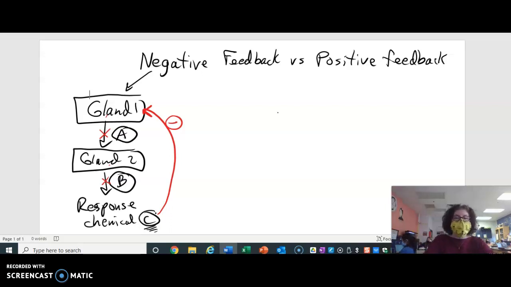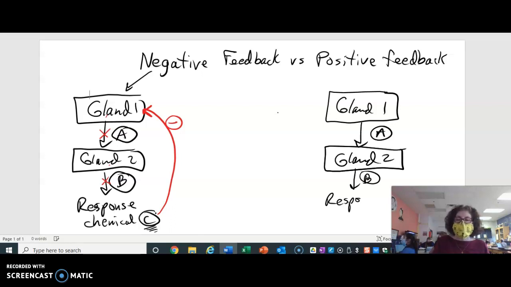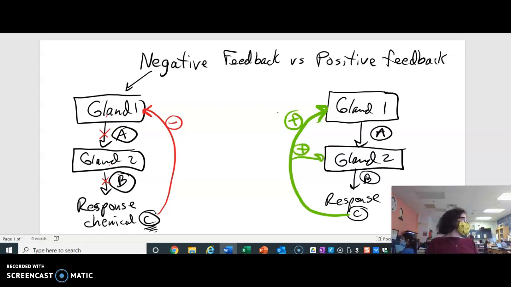So positive feedback, which is less common, okay? Positive feedback is where maybe you have that gland number 1 that secretes chemical A, and then you have gland number 2 that secretes chemical B, and then you have some sort of response, response C. So in this case, I'll even use green for go, this chemical positively feeds back and says, oh yes, we want more of that, right?